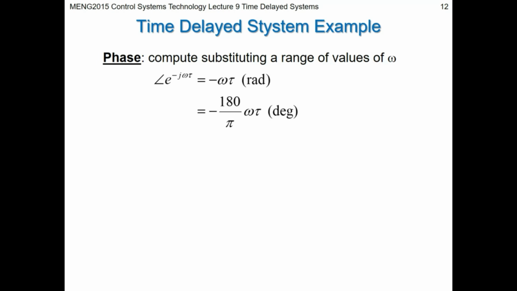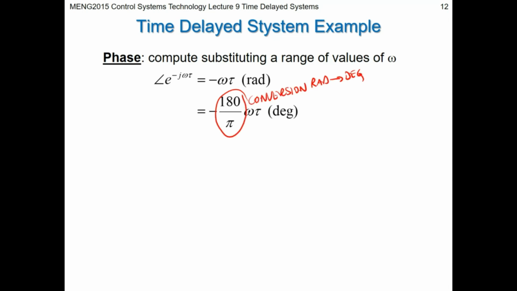Well, the phase angle by definition of our exponential term with the power of minus j omega tau is going to be minus omega tau, right, in radians, or if we convert that to degrees, it's going to be minus 180 over pi times omega tau. This is just the conversion.